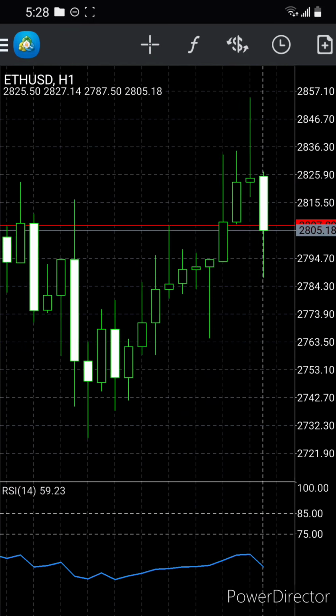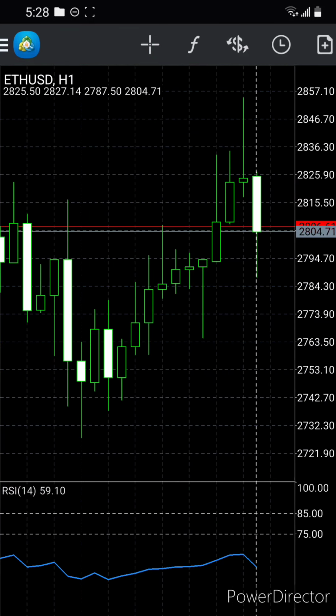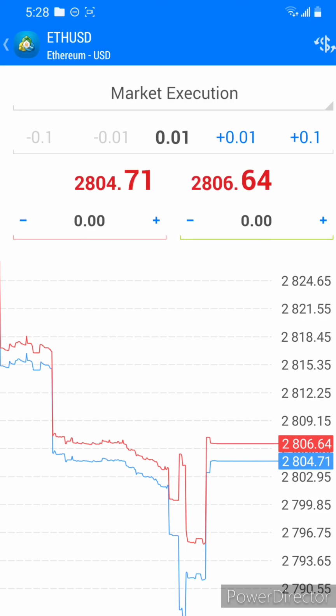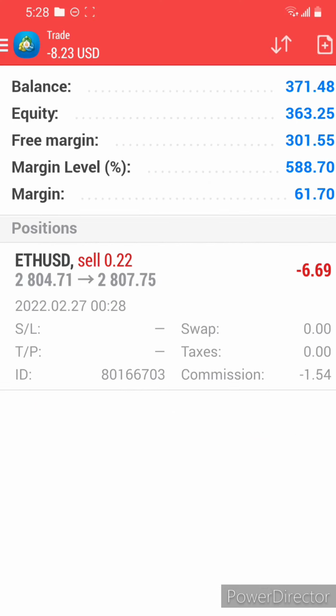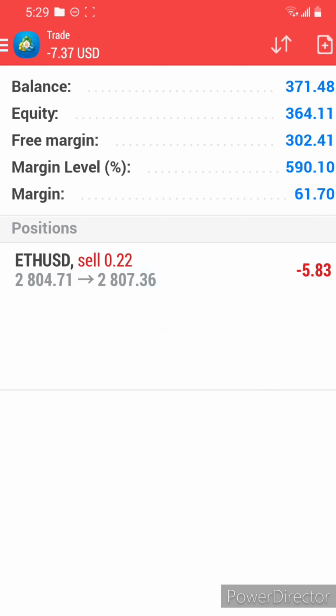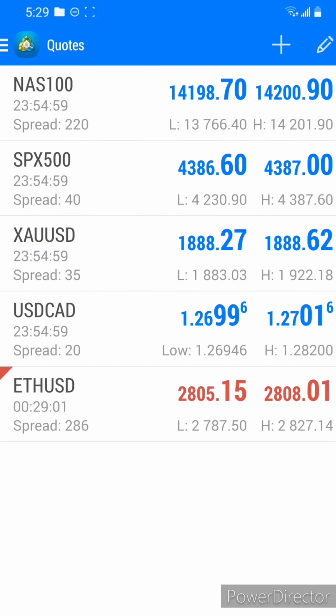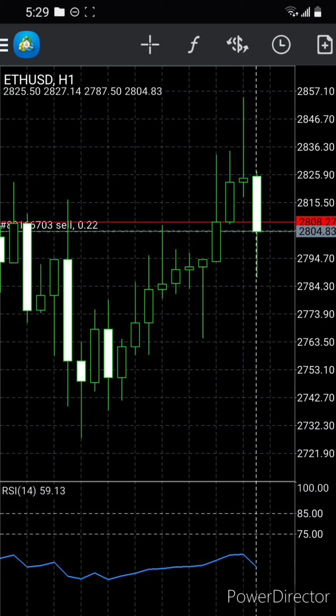But if we wanted to, we could come back and short this again, because if I still feel it's selling, let's do a little 0.22 lot size. They took $1.54. A couple of dollars in drawdown. I'm not worried. You see the spread opening.